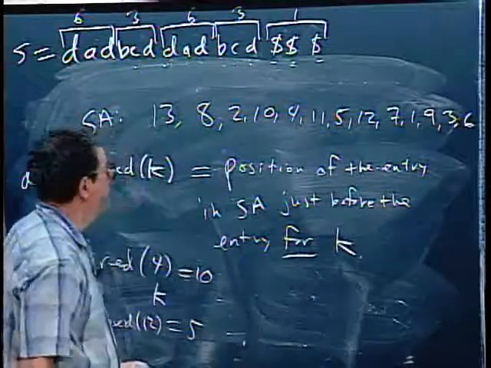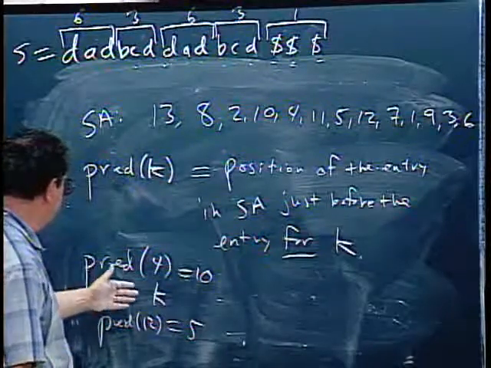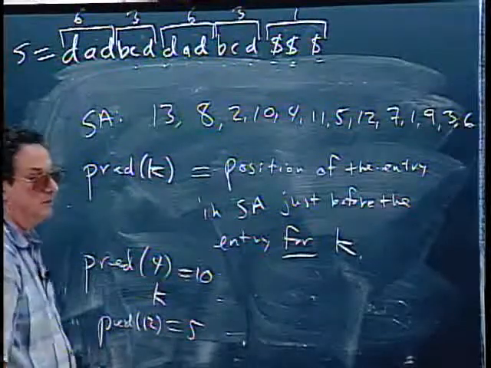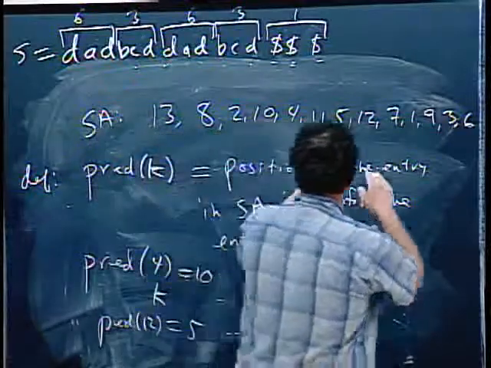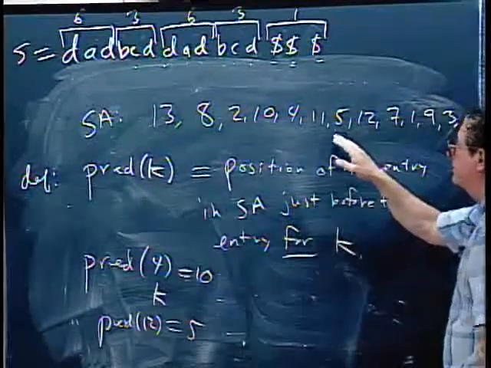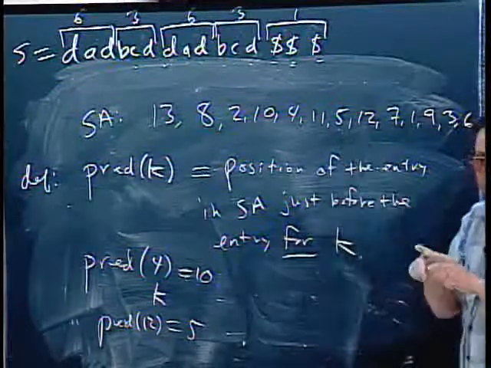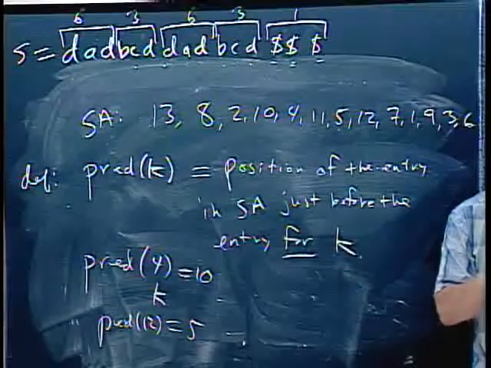Now, why are these of interest? Why are we interested in k related to the predecessor of k? Because in the suffix array, these are positions of suffixes in the string s. If they're neighbors, if they're adjacent, that means that the two suffixes are pretty similar, at least initially.